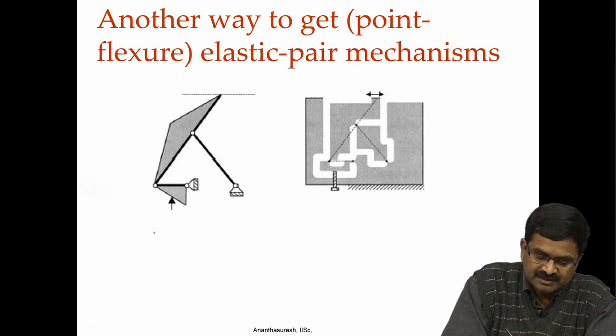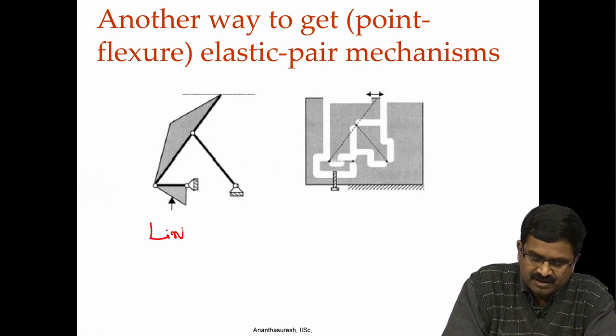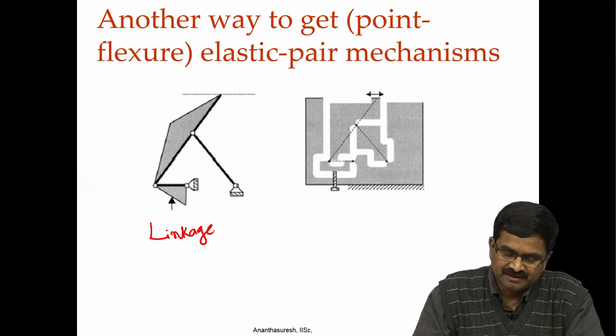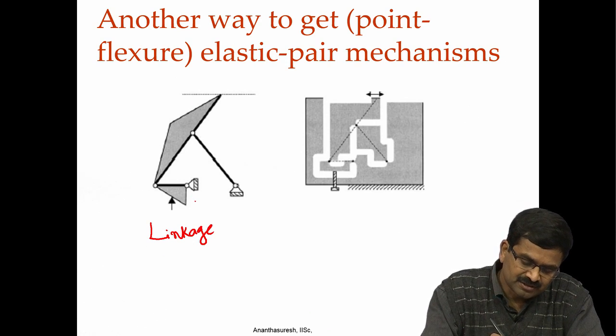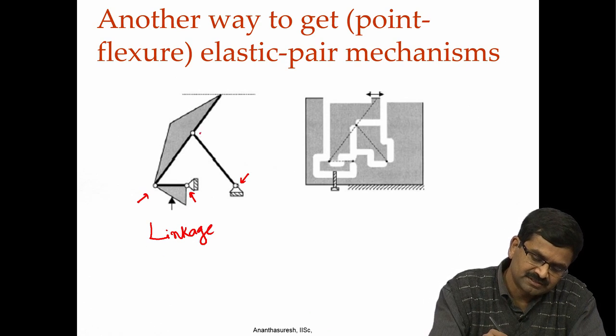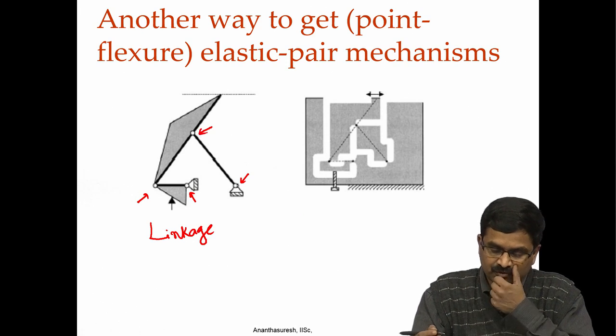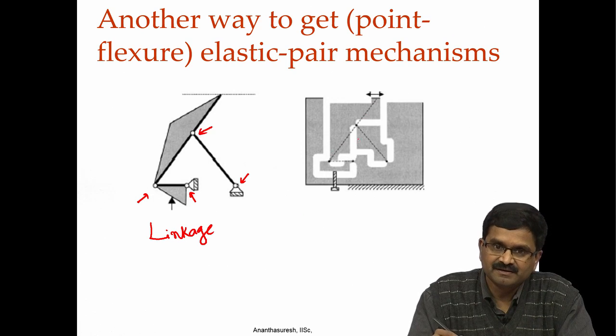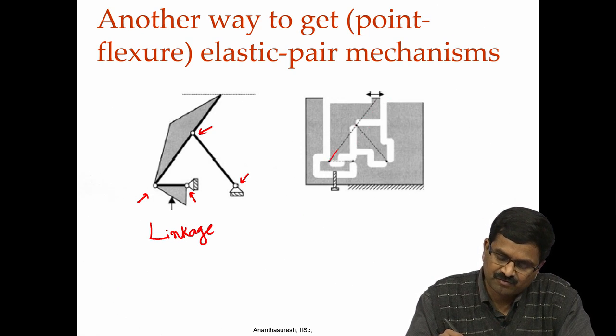You start with a linkage. So, here we have a linkage and we take that linkage, and wherever the joints are, it is a 4 bar linkage. So, we have 4 joints, right. That is overlaid here with dashed line. So, we have the 4 bar linkage, right.